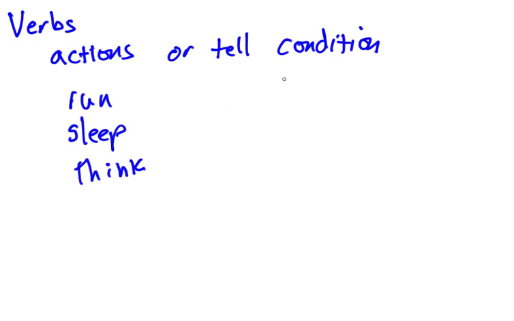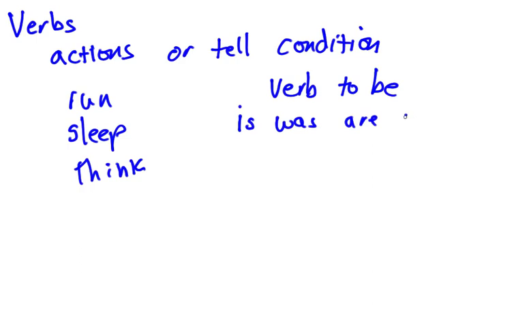Now, for conditions, the one to think about right now is verb to be, which we've talked about in an earlier video. So, forms of that are is, was, are, were, am, been, and being. And of course, be itself.